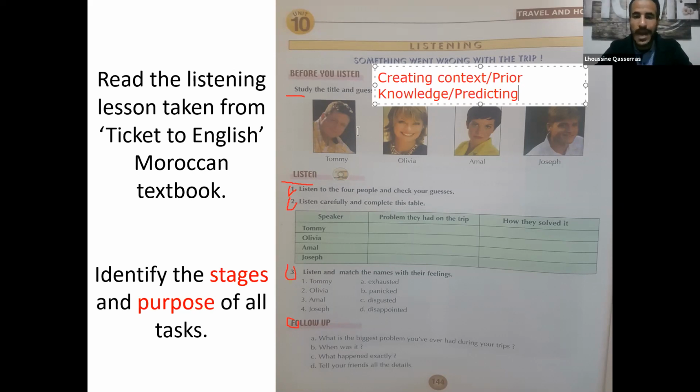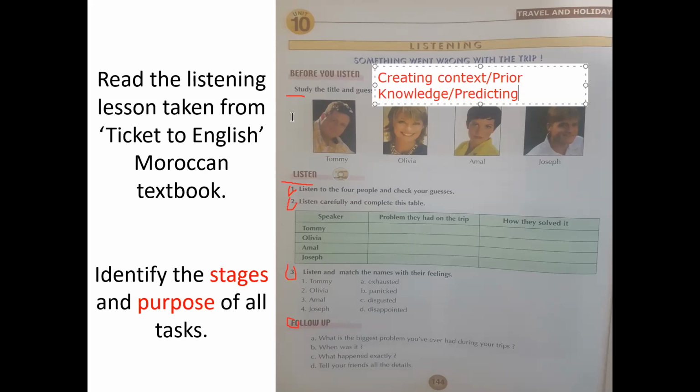Great. Now I would like to give you 5 minutes and you work in pairs. Can you please take a picture of this lesson, then you work with your partner? Okay? Abdulkarim, you want to say something? Yes, please.